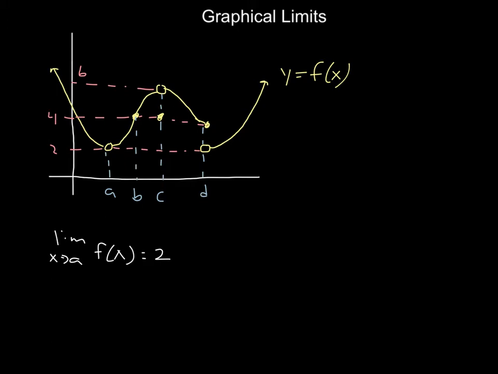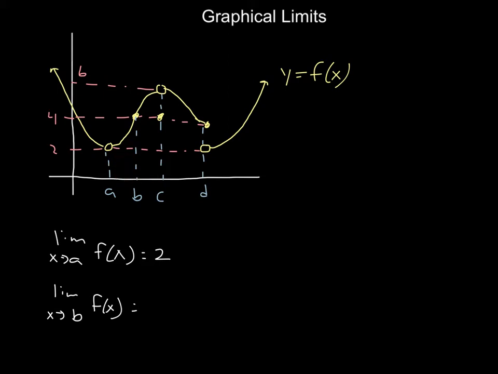Now let's take a look at the limit as x approaches b of f of x. In this case, we have a closed circle. The function is defined right at b. So again, we're going to be looking as we move closer to b from the left and from the right.